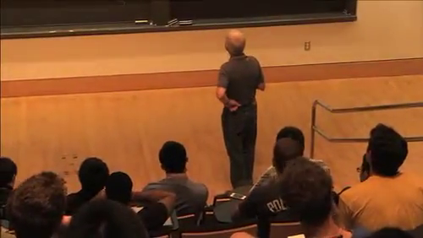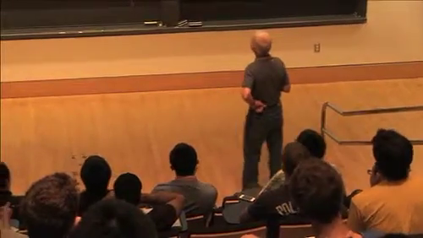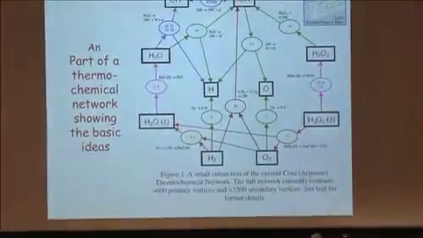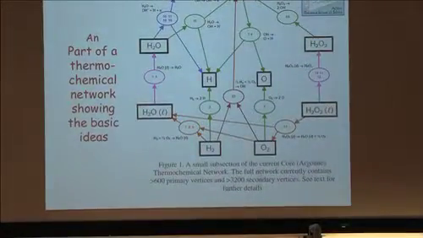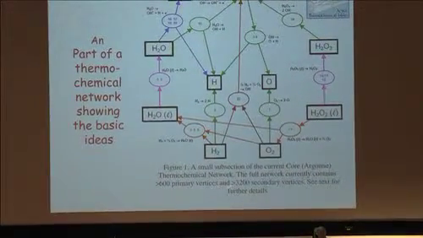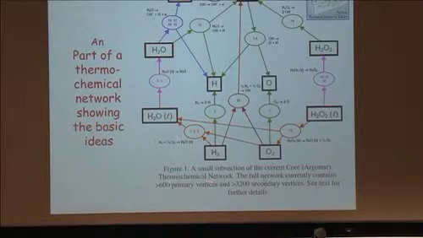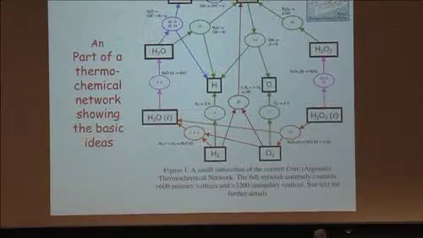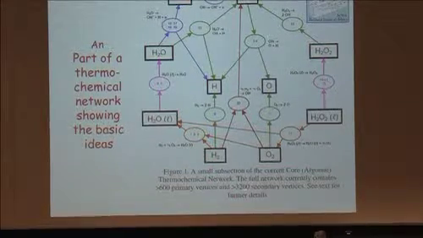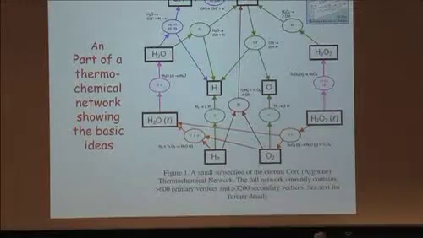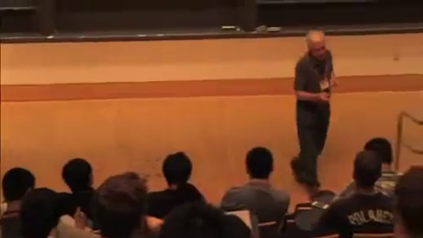So this is a small subsection of the Argonne thermochemical network. At the time that this slide was prepared, there were 600 of what they call primary vertices and 3,200 secondary vertices, so basically what that's saying is there were very, very many determinations in this overall system.